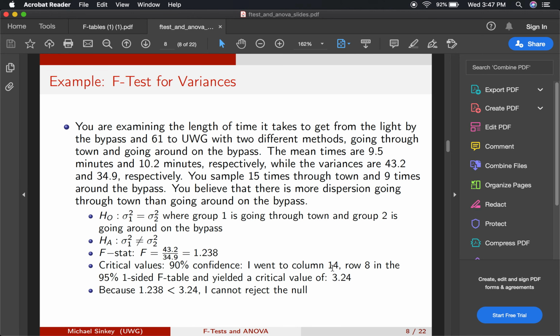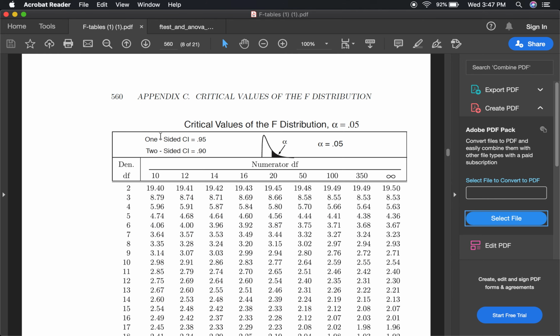So I'm at column 14. I go to row 8. Why? Because I went 9 times around the bypass, so that's 9 minus 1, which is 8. Column 14, row 8, 3.24.